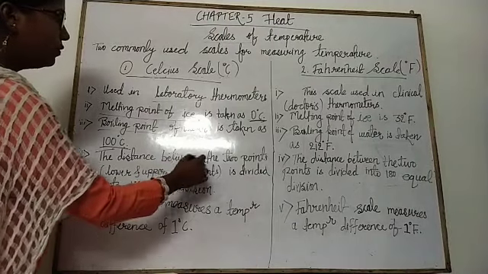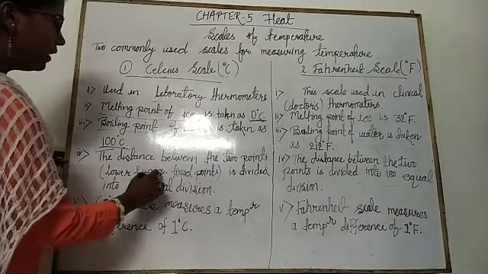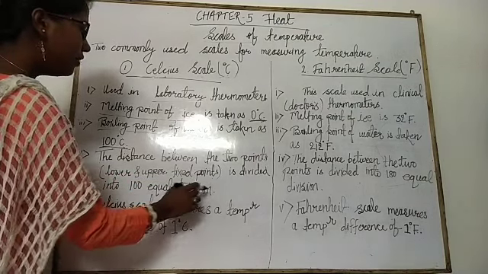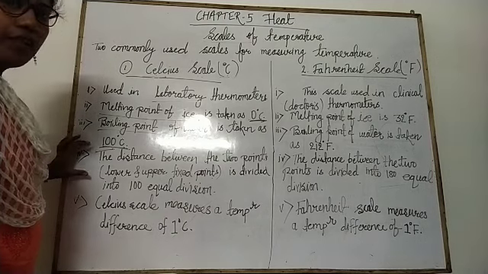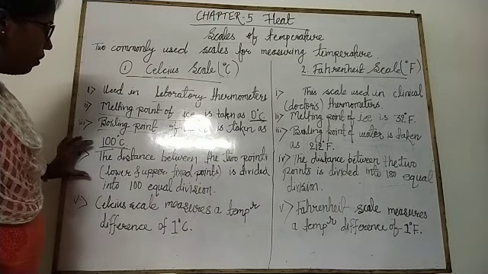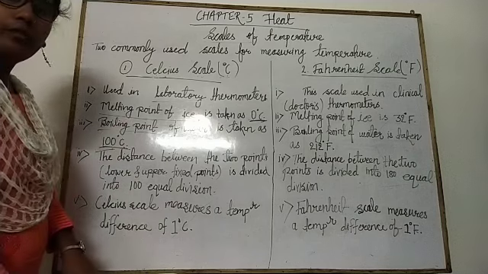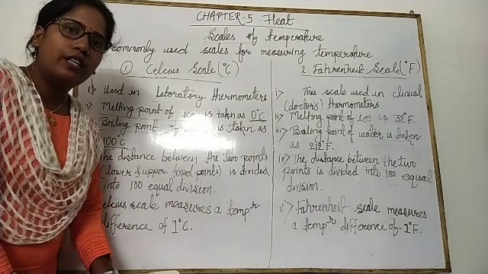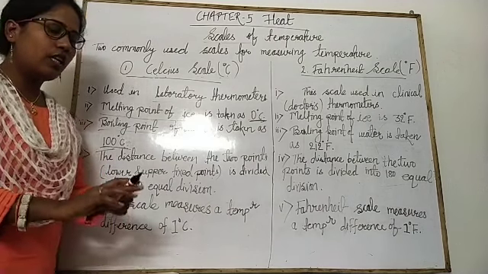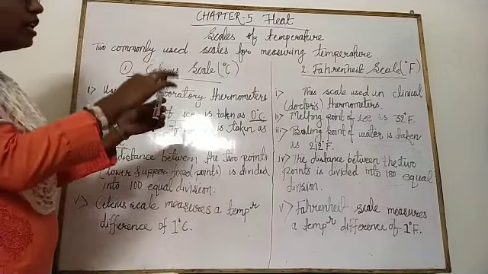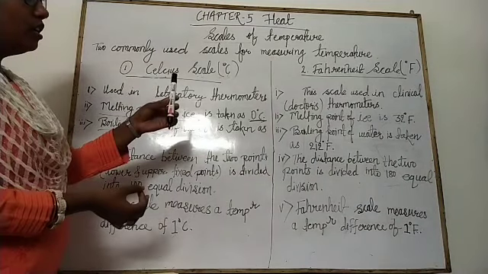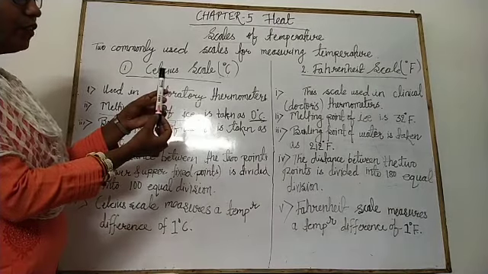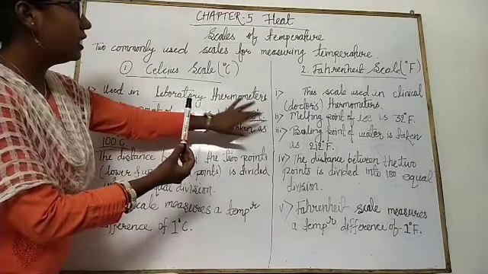The distance between the two points, the lower and upper fixed points, is divided into 100 equal divisions. In the figure of the thermometer, I showed you the lower and upper fixed points, where the melting point of ice and the boiling point of water are. See here, this is a thermometer. Down here where the bulb is present, we start with 0 degree Celsius.